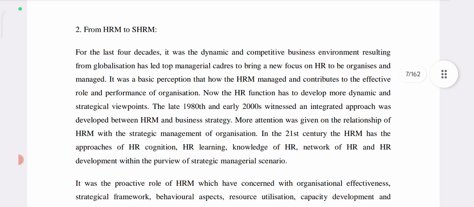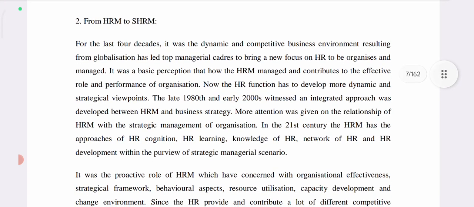From HRM to SHRM. First of all, it was personnel management to HRM. Now it is from HRM to SHRM. For the last 4 decades, the dynamic and competitive business environment resulting from globalization has led top managerial cadres to bring a new focus on how HR is organized and managed.